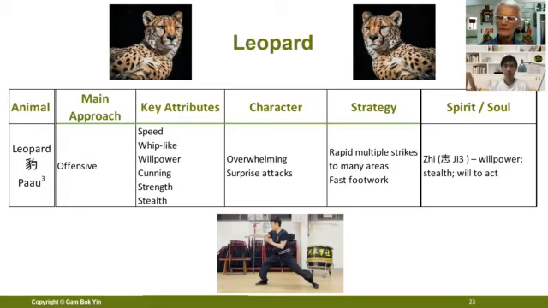I always use the analogy of the house cat when I talk about the leopard. The house cat or the domestic cat, if they're not that well domesticated and you pick one up, all you see is their feet moving extremely quickly.